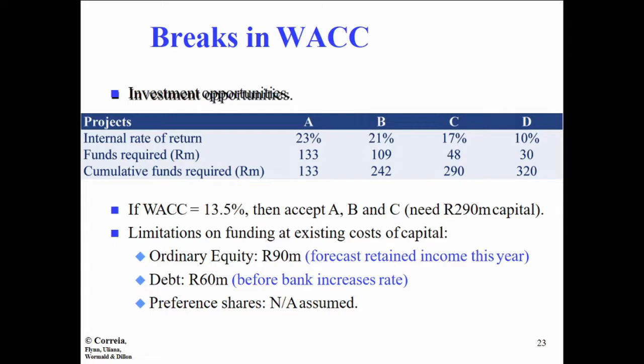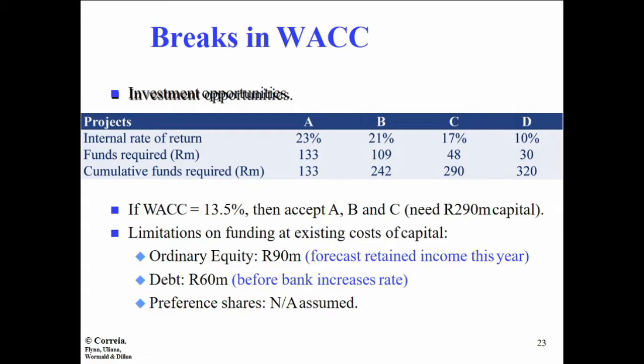So the issue of new shares involves flotation costs or issue costs, and this will increase the cost of equity. In our example, they tell us that the cost of equity will increase from 15.2% to 15.5% if new shares are issued.